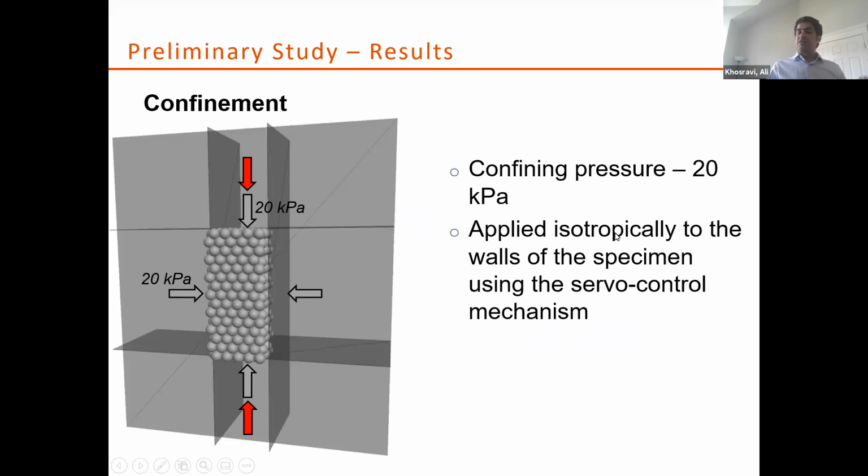Then we started a simulation to see the effect of confinement. For that, we performed a simulation by applying a constant pressure of 20 kPa isotropically to the walls of the chamber. And then we were able to keep that pressure constant through shearing using the servo control mechanism.